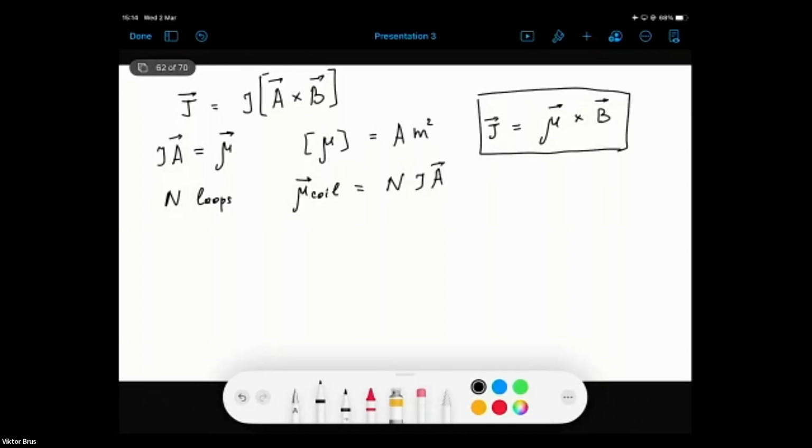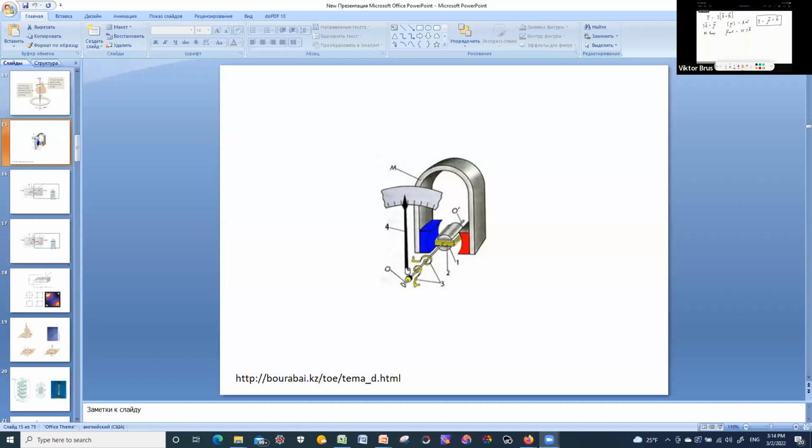So, however, this is not the only possible application. And also, I would like to show you one interesting system. Let me share my screen. So this is some schematic representation of an electromagnetic amperemeter device, which is designed to measure electric current.